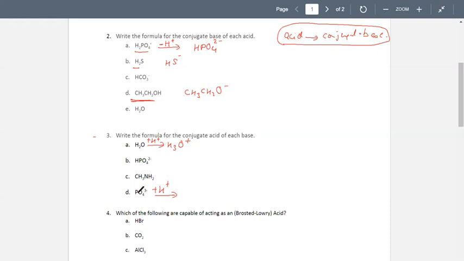Yes, so 1 hydrogen and PO4. And from 3 negative, it's going to be 2 negative. And why is this? Because now it had 3 electrons. That means the number of electrons was more than the number of protons over here.